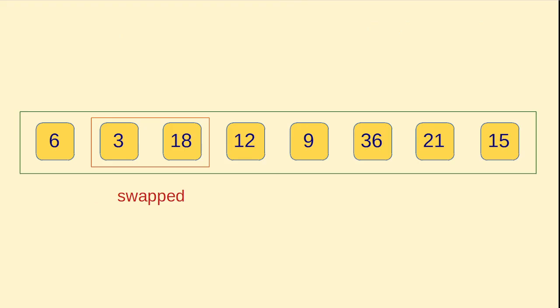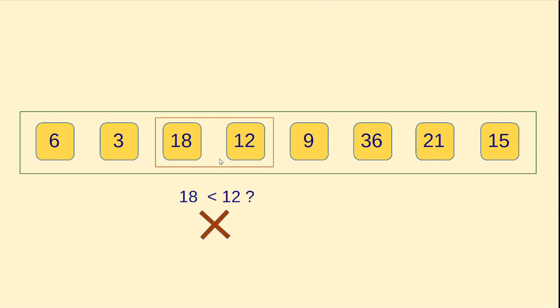And again we follow the same process. Our attention shifts to the next pair of elements, 18 and 12, and we compare again, and we find that this is also not true. We decide to swap, and the swapping process will place 18 after 12.